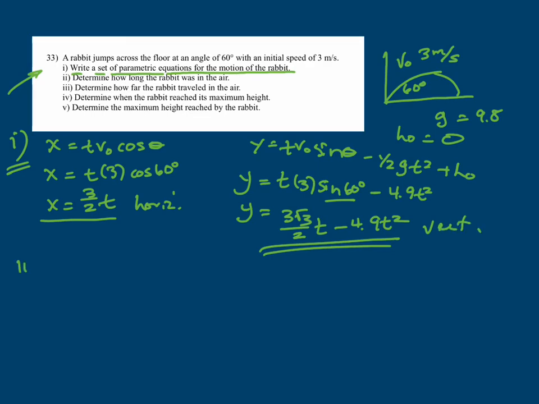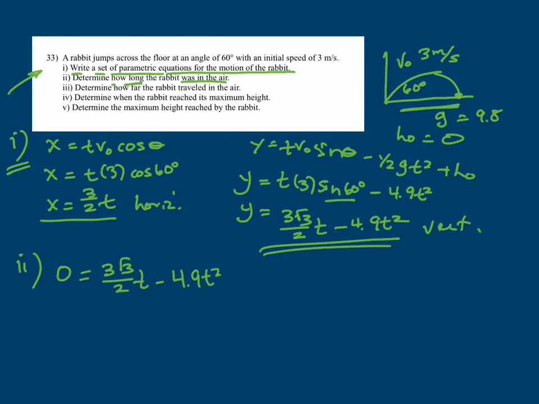We've been doing these. So number II, determine how long the rabbit was in the air. So we want to know this time. And what's true about this time? The height is 0. So we have to put 0 for y. 0 equals 3 square root of 3 over 2 t minus 4.9 t squared.